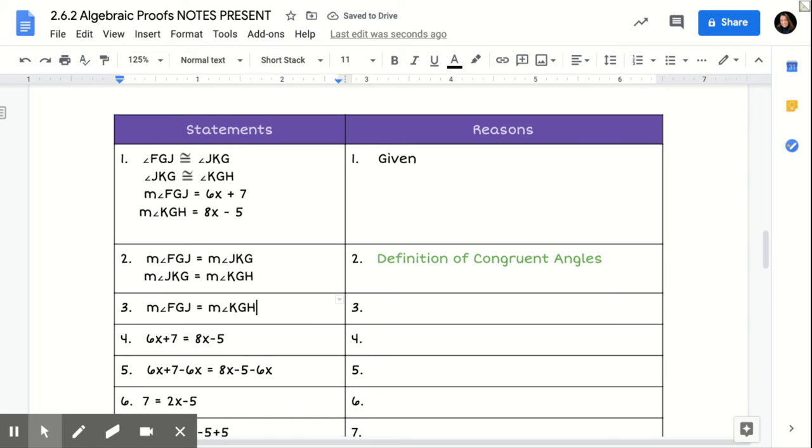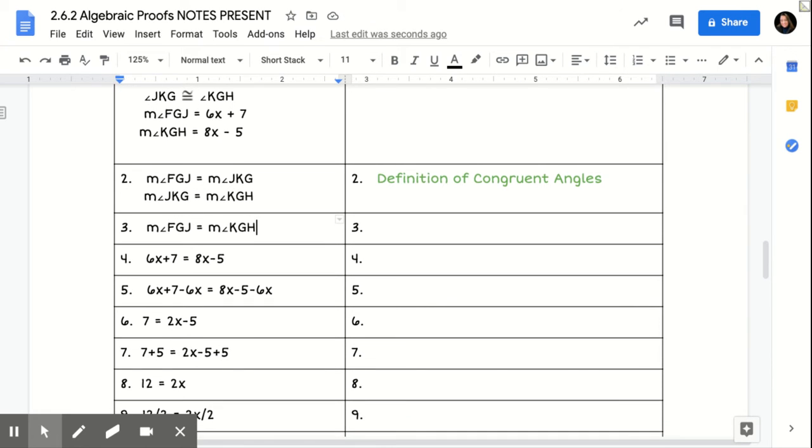Okay, next step. The measure of angle FGJ is equal to the measure of angle KGH. Looking at the previous step, FGJ is equal to KGH because both of these two angles are congruent to JKG. So this would be the transitive property.